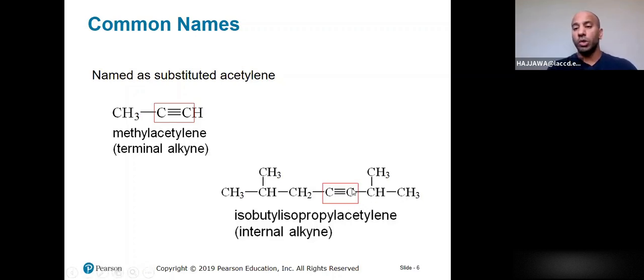So you have 1, 2, 3, 4, 5, 6, 7. So you have a 7 carbon chain. And you have 2 methyl groups, one on carbon number 2 and one on carbon number 6. So that's a 2,6-dimethylhept-3-yne. That indicates that the alkyne unit is on carbon number 3.